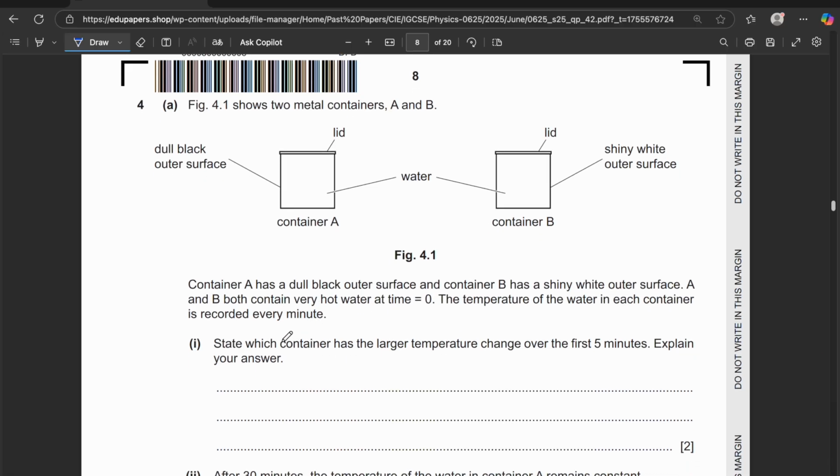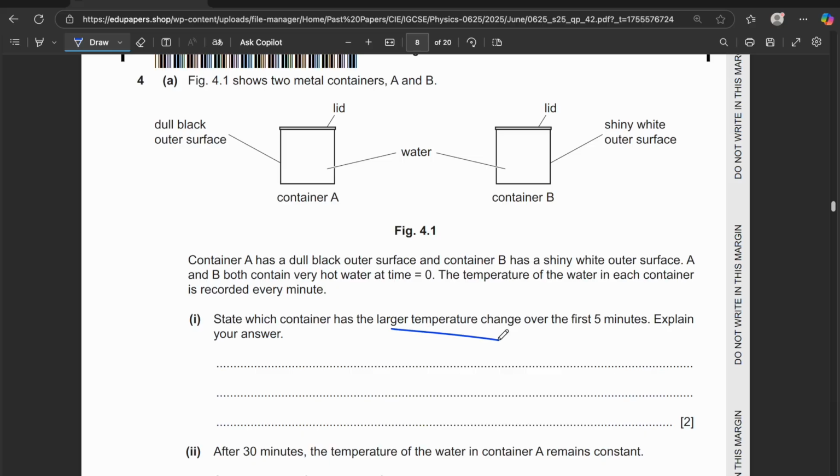1. State which container has the larger temperature change over the first 5 minutes. Explain your answer. So, larger temperature change, that would be asking for which surface can emit radiation faster. Well, that would be the dull black outer surface.